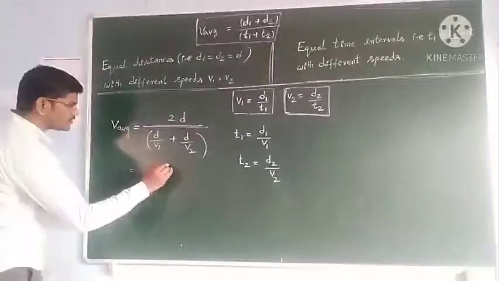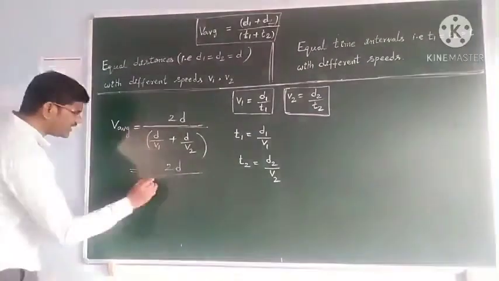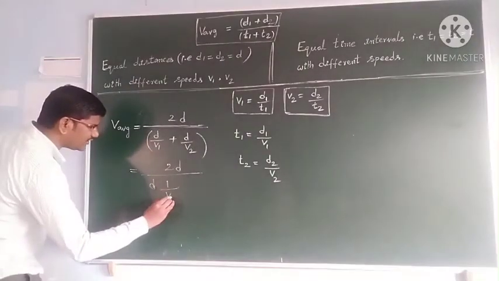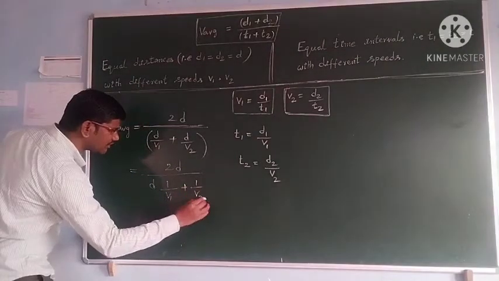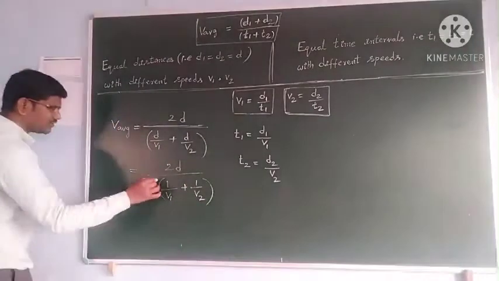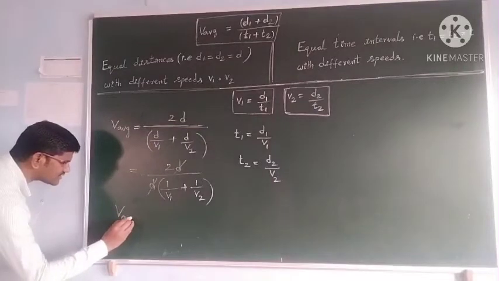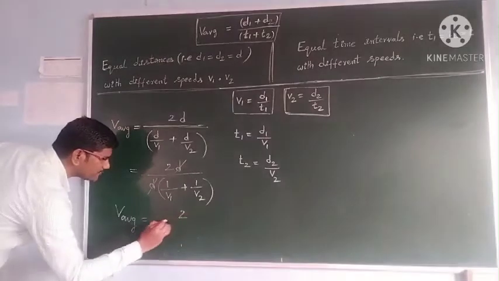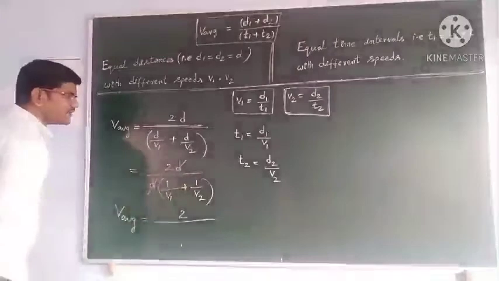Then you see students, 2d by, take d common here, d times 1 by v1 plus 1 by v2 is left. Now this d gets cancelled, then v average is equal to 2 by 1 by v1 plus 1 by v2.